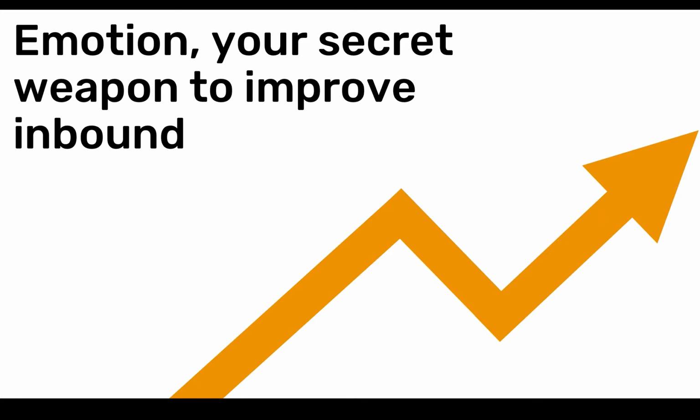I'm talking 5, 10, 15%, which could be massive changes in your quarterly sales. Or if you're looking to just start an inbound method for your company, what you can do is take emotion combined with all other methods and make sure that you're starting off as a professional and skipping the learning curve.